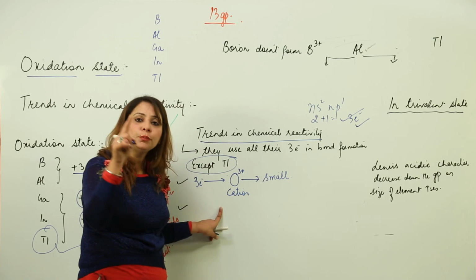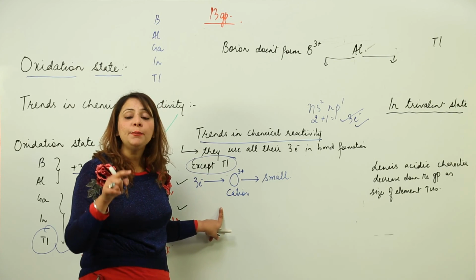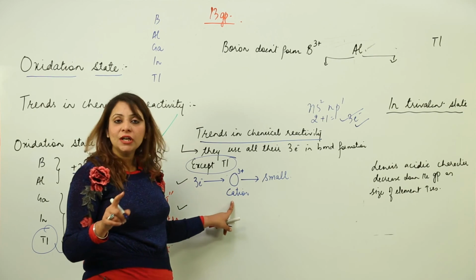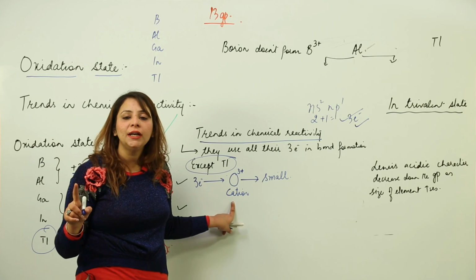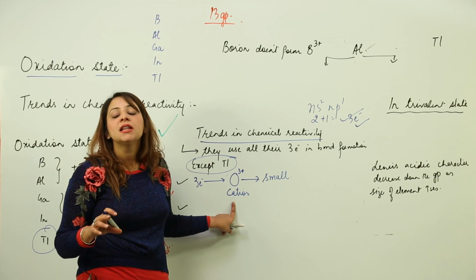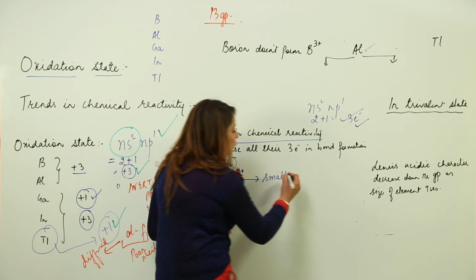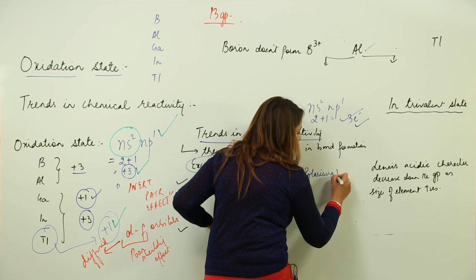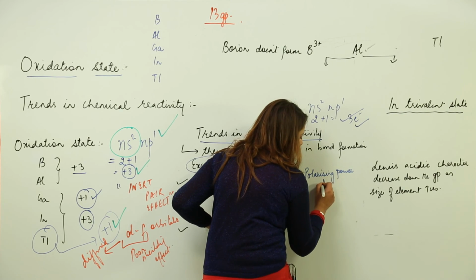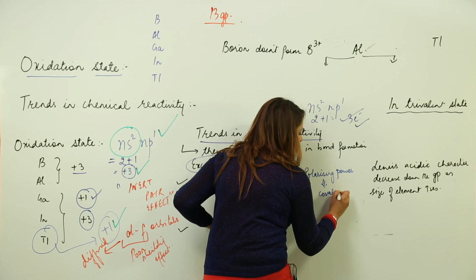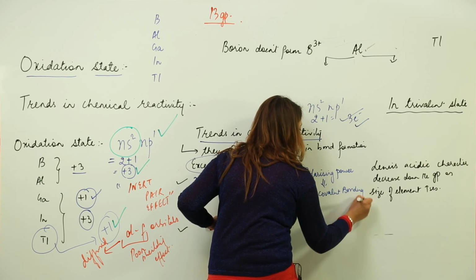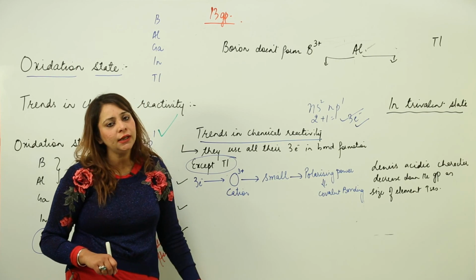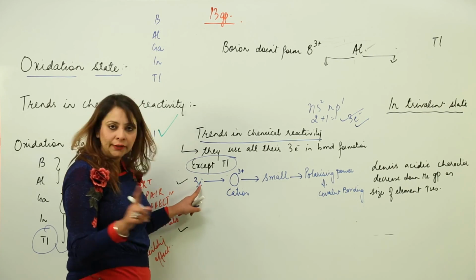The atom with positive charge is called a cation. So this is the reason they favor using 3 electrons in the bond formation. So got it, that is the first point.